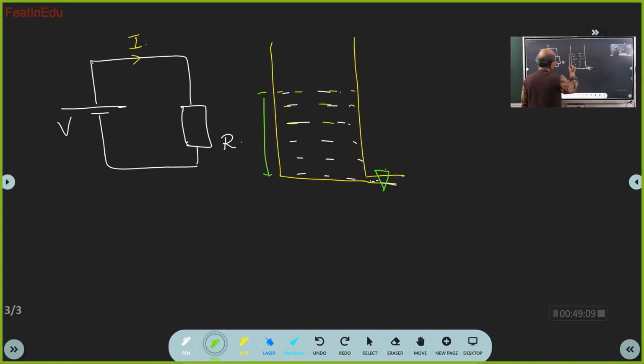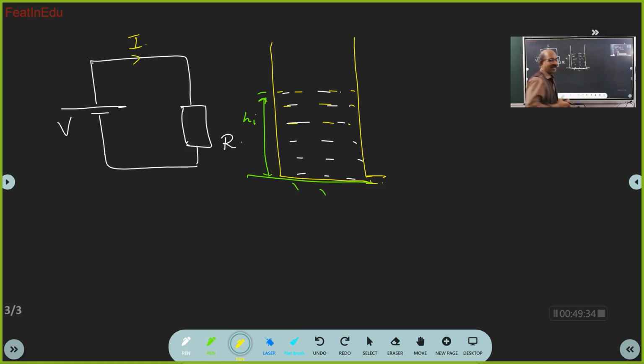Nothing will happen. There will be water in the tank and I have closed the wall. Nothing will happen. Now, if I open this wall, then what happens?